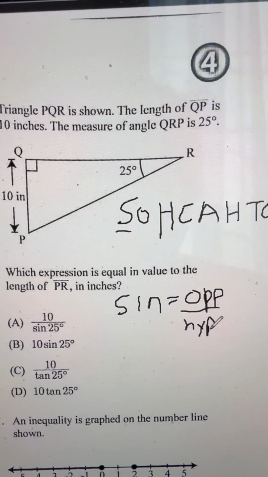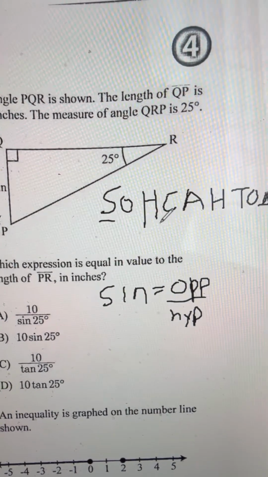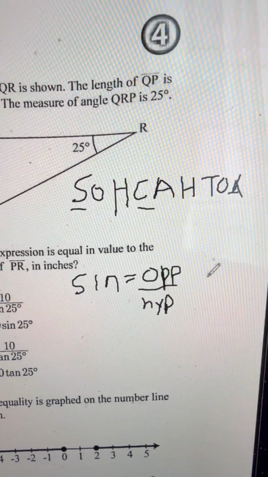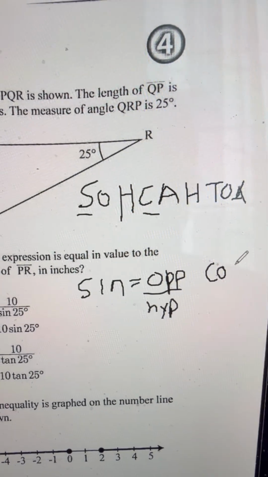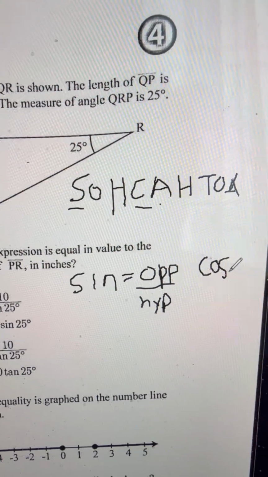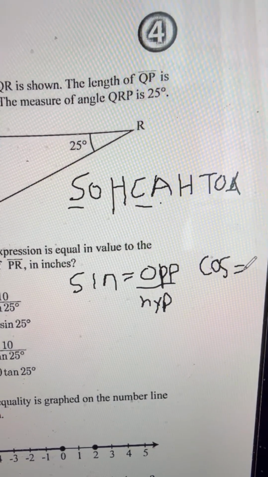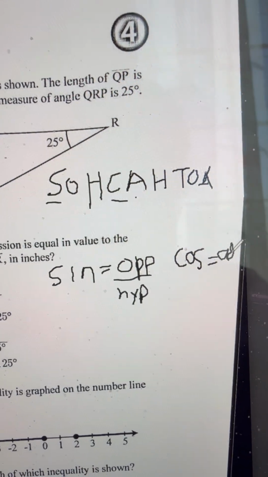Okay? And so the C stands for cosine. I'm going to just put the cos over here, even though I would normally write it below. Cosine is A for adjacent, so cosine equals adjacent over hypotenuse. I'm running out of space here, guys.